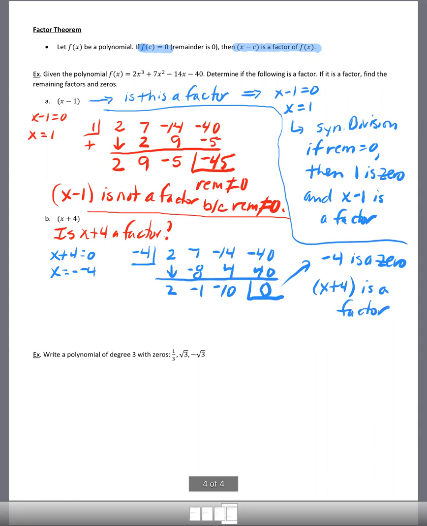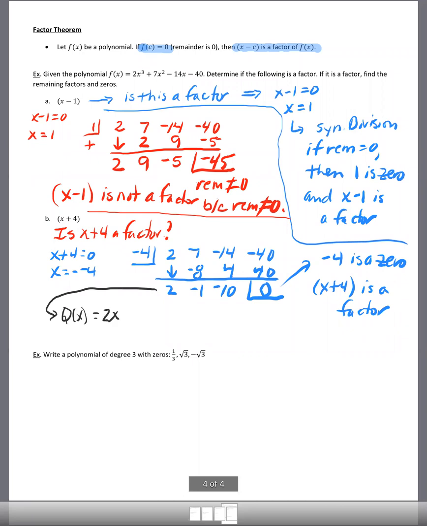Now in this problem, they said if you find out that the given is a factor, we need to find the rest of them. And this is one of those handy tips that you need to know. You'll notice that we started off with a cubic equation. And now that we have a quotient, remember you lose a power.